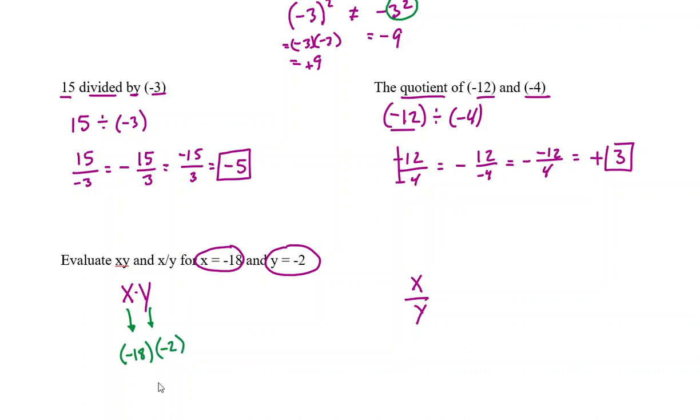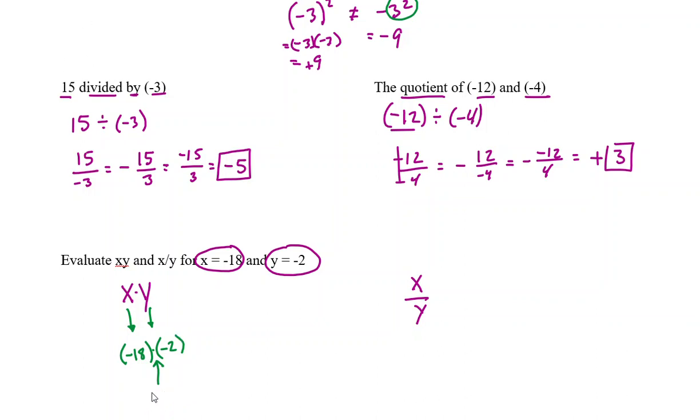Now we can clearly see that yes, we are multiplying here because I put two numbers with parentheses next to each other. That means multiplication. If the parentheses weren't there, it would look like I was doing a subtraction problem or an addition problem. And that's not what we meant to say. So that's going to be real important.